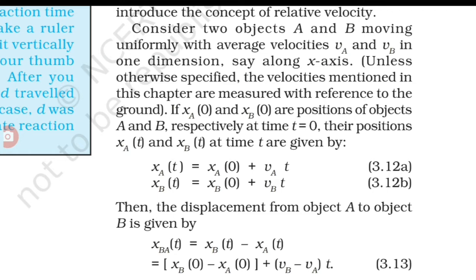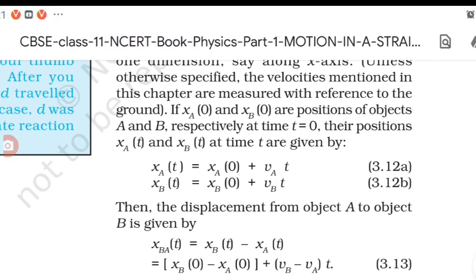In this equation, the first term, xb0 minus xa0, is actually the initial separation between the two objects. Initially, what is their separation?